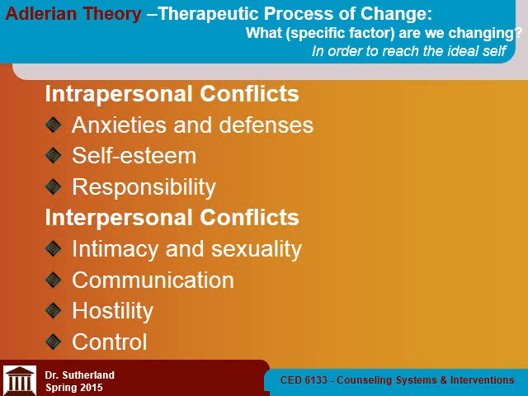And so for Mrs. C, of course we know that anxiety is most definitely something that we're looking at, and that is at the root of her inferiority. And defenses, which are compensation for the inferiorities. So those would be the intrapersonal conflicts to be addressed.